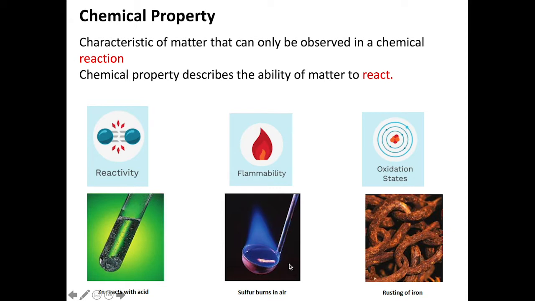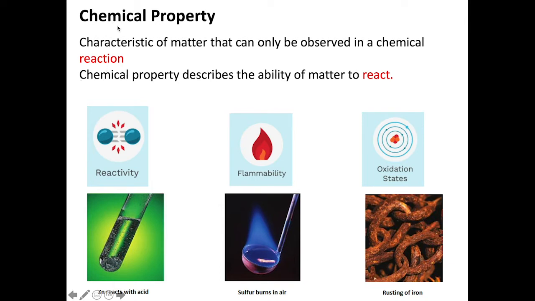How does it catch fire? Sulfur, for example, burns in the air. And then oxidation states: what happens to this piece of matter when it interacts with oxygen? For example, iron after a while will begin to rust because of its reaction with oxygen. An apple, if you cut it in half and left it on your counter, would soon begin to brown, and this is again because of oxygen.